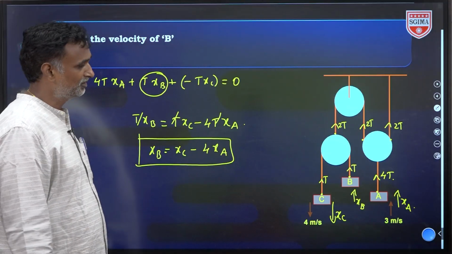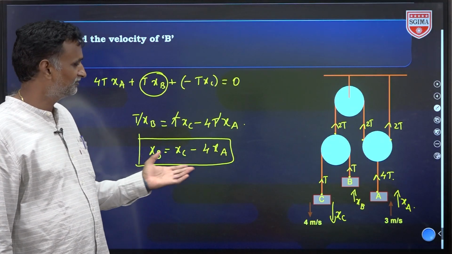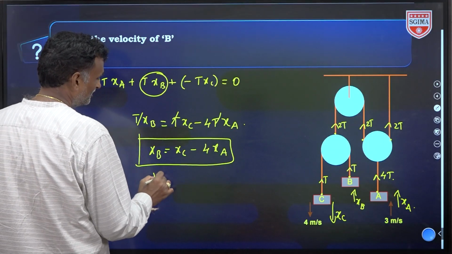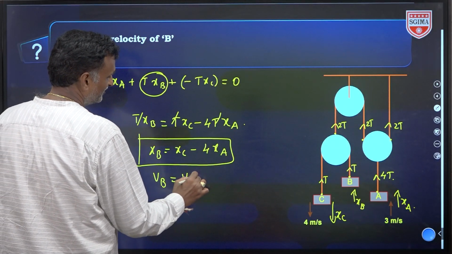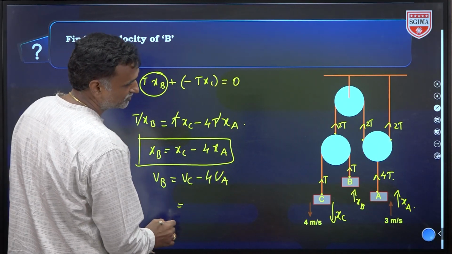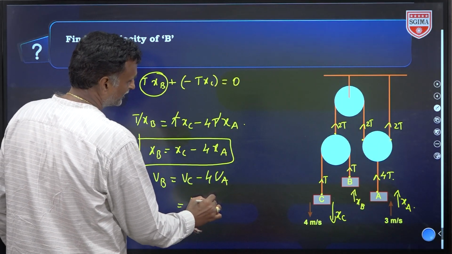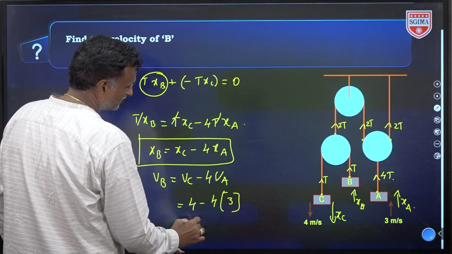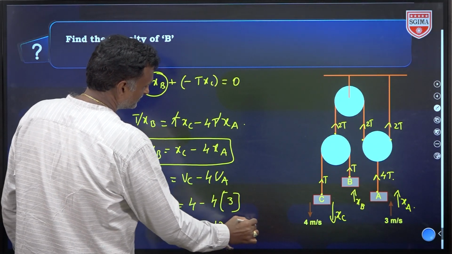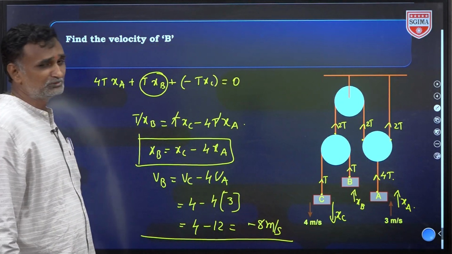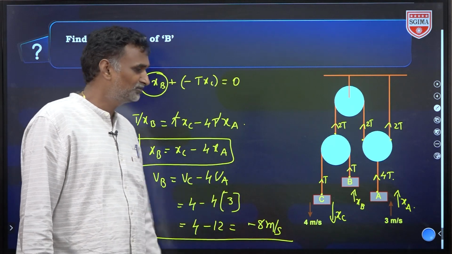Okay? Now differentiate and we will get velocity, and we need to substitute. Differentiation gives you Vb equals Vc minus 4Va. Vc is how much? 4 minus 4 into Va, 3, so 4 minus 12, so minus 8 meter per second. So minus, okay, no problem.